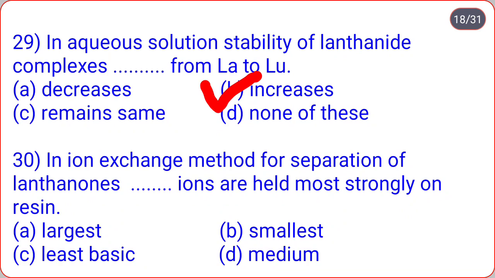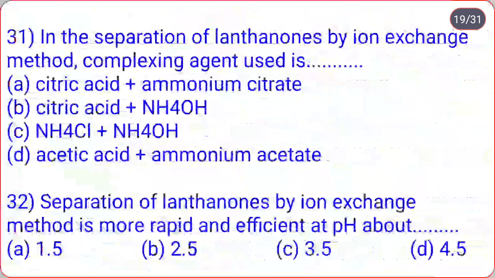In ion exchange method for separation of lanthanides, dash ions are held most strongly on resin. Largest, smallest, least basic, medium. So the correct option is A, that is largest ions are held most strongly on resin.